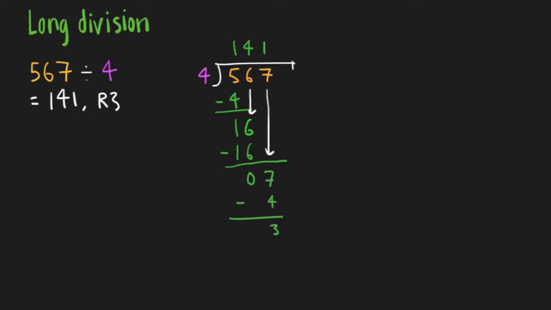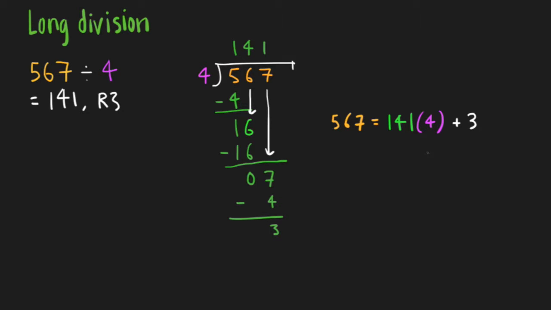It's important to note also, and we'll see why soon, that if we wanted to write 567 in another way, just an alternate form, we could say that it's equal to 141 times 4, right, plus 3.